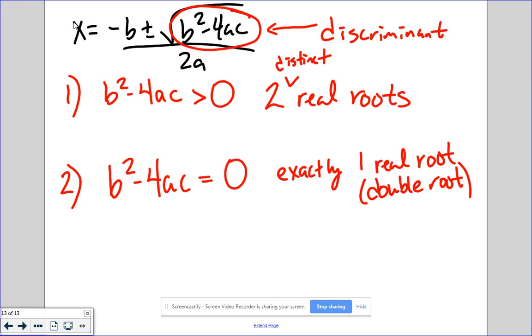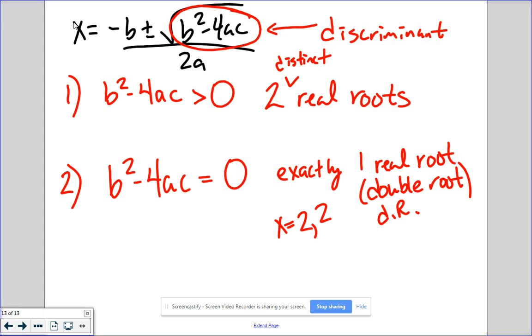The reason we call it a double root is I get the same answer twice. A quadratic always has to have 2 answers, so if I get the same answer twice, I have to show in some way that I still have 2 answers. They just both happen to be the same. How we label this most of the time is d.r. after my answer. So let's say I get x equals 2, and then I also get x equals 2 again.